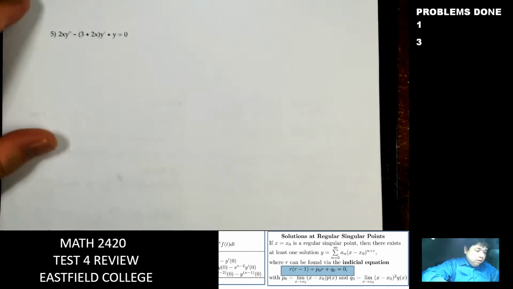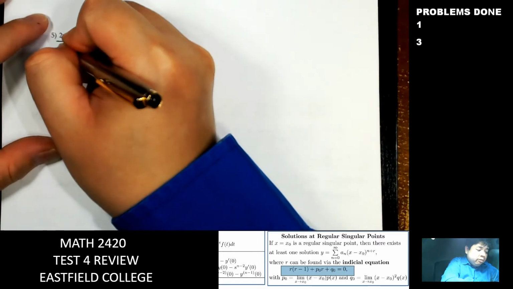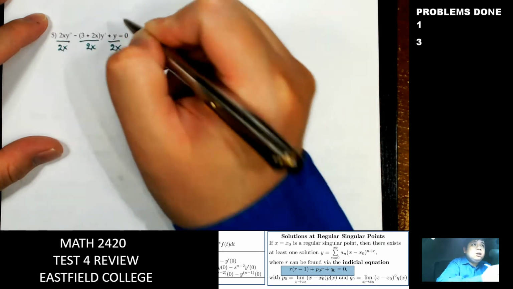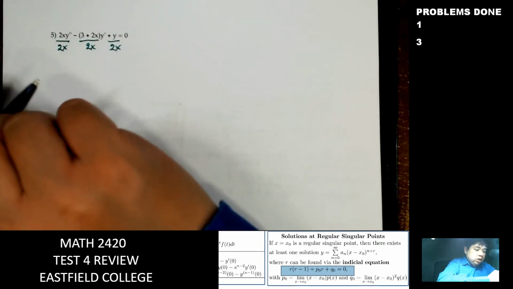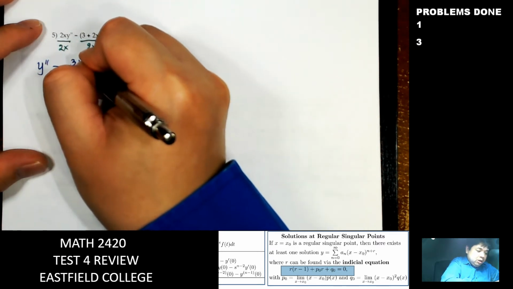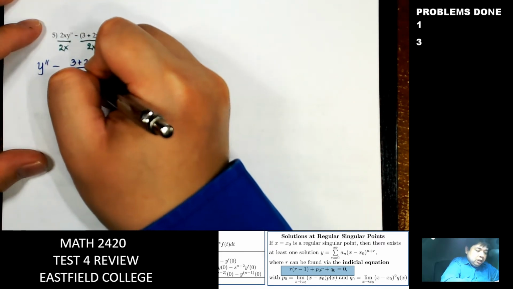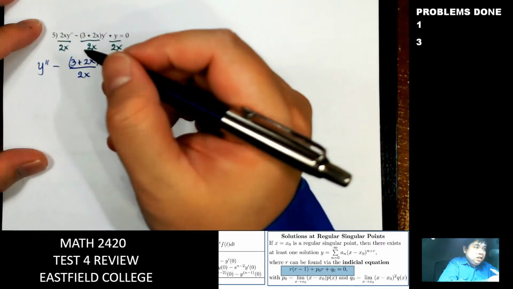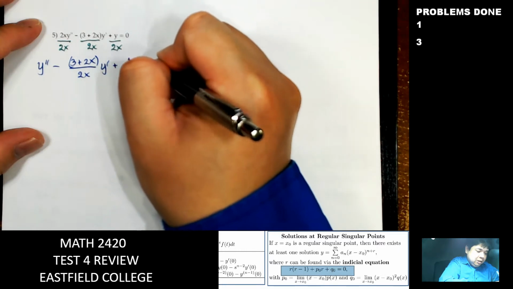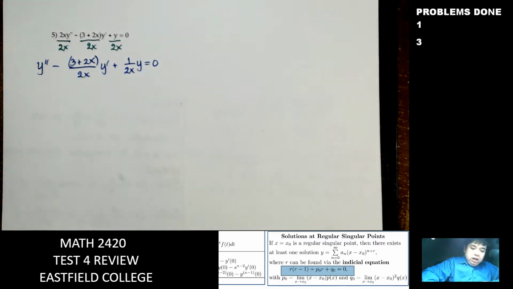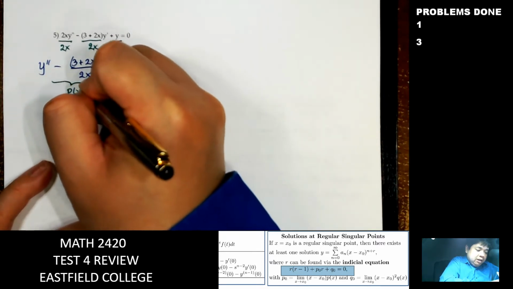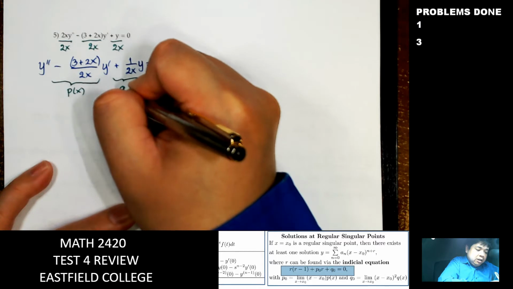So first let's divide by 2x. So we write the equation in standard form. Double derivative minus (3 plus 2x) over 2x. And let's put the parentheses here. Now obviously this is P of x and this is Q of x.